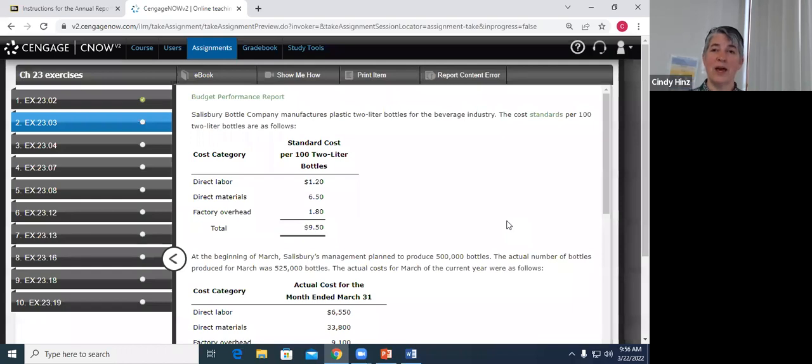Of course, it's not okay on our income statement, for example, to report just the standard costs. It needs to be our actual costs. So we need to do that adjusting process at the end.